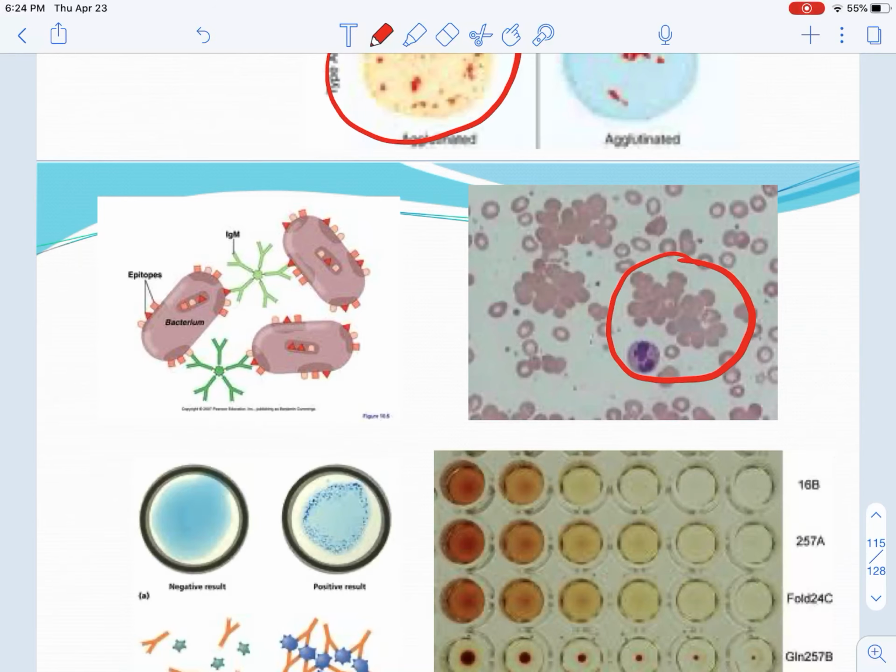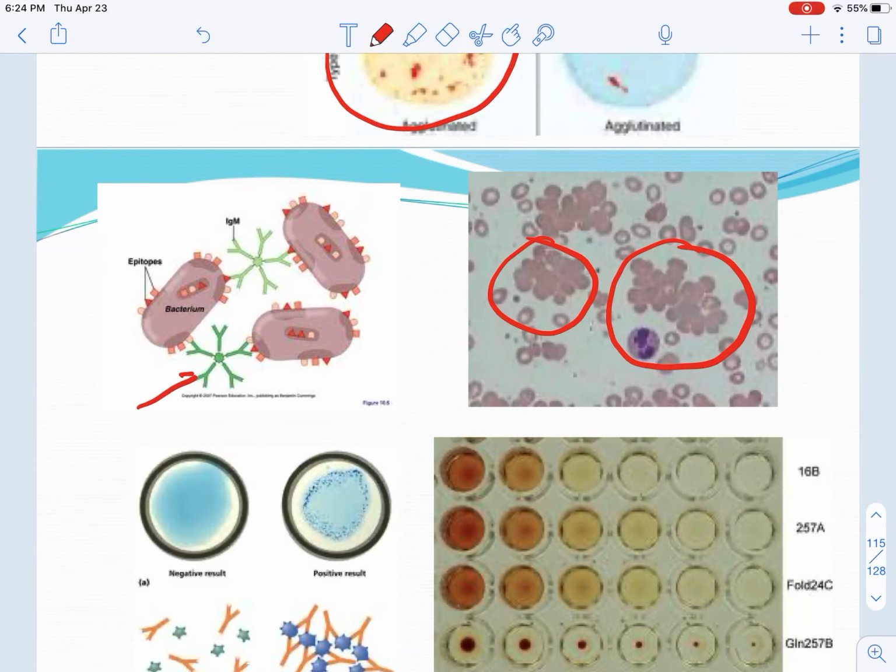It agglutinated. Okay, this is a microscope picture of agglutinated red blood cells where they all clump together like that because of these antibodies that will stick them together. That's what antibodies do. It sticks foreign bodies together.